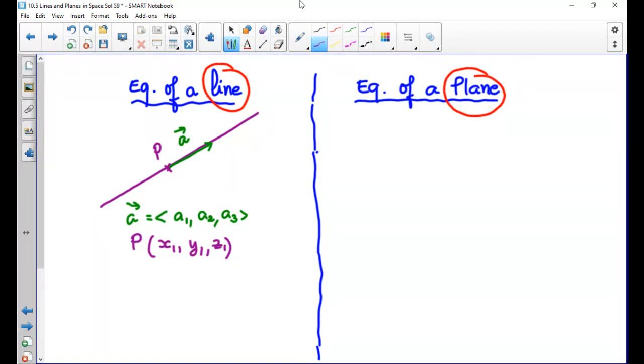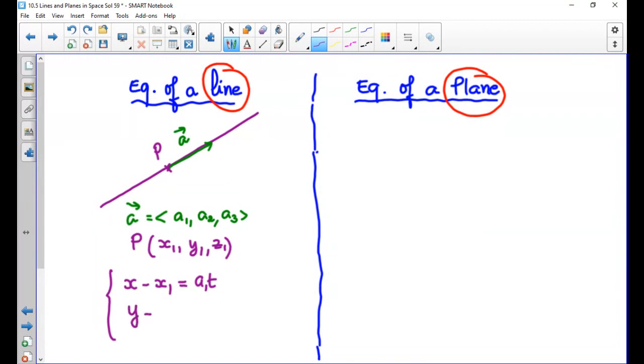So once I have the vector and I have the point, I can write the equation of the line in the parametric equations. What are they? x minus x1 equal to a1 t, where t is the parameter.